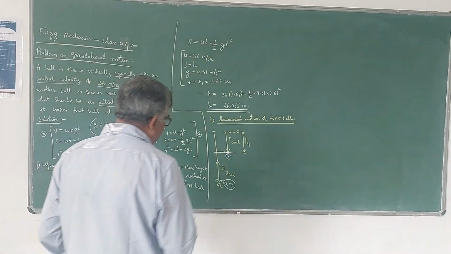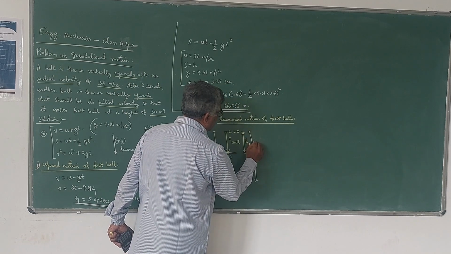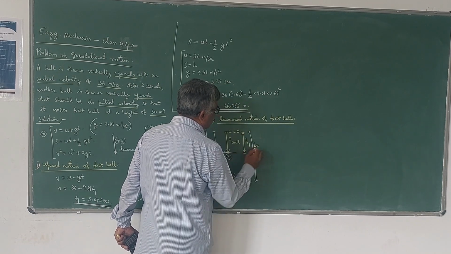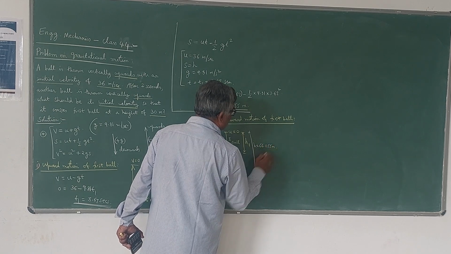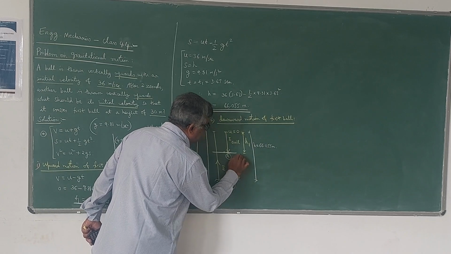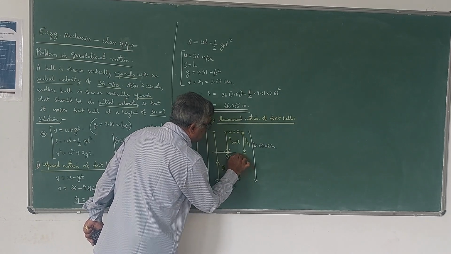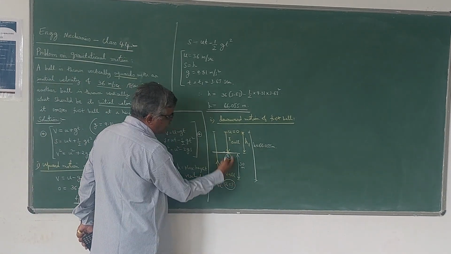Now, first of all, the total height, we know that it is h, which is 66.055 meters that the first ball has traveled. Because he has given that the second ball should meet the first ball at a height of 30 meters, this distance is known now.